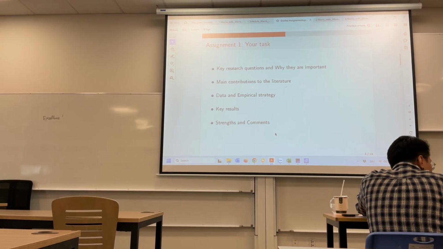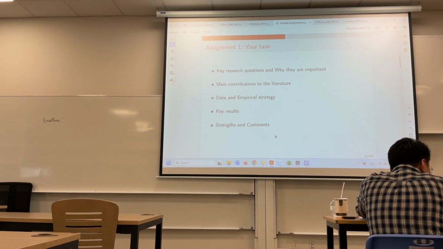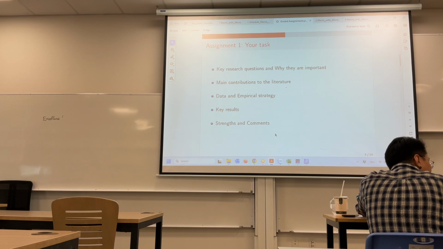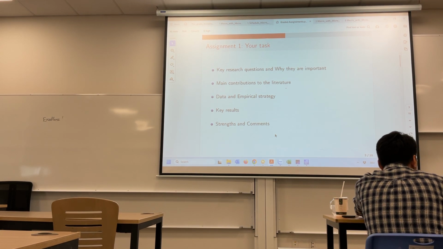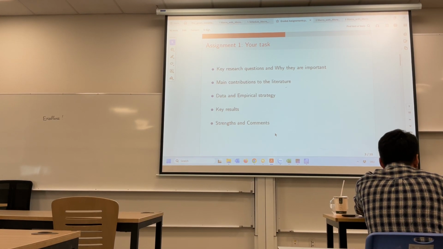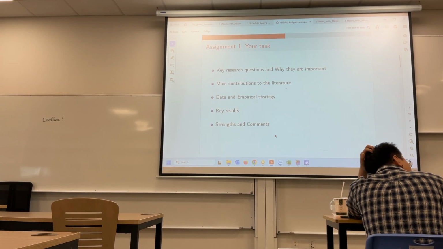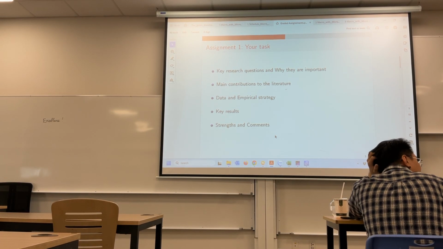For example, for the main contributions, just highlight maybe 3 points maximum. Maybe they have more than 5 contributions, but just mention about 3 main contributions. And key results, also 3 as maximum.